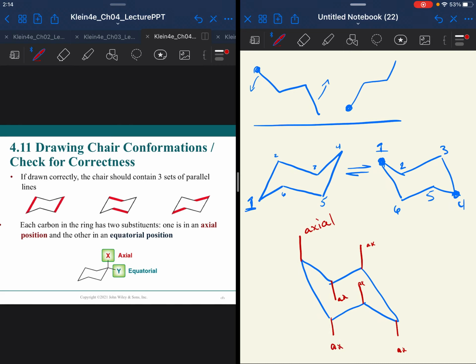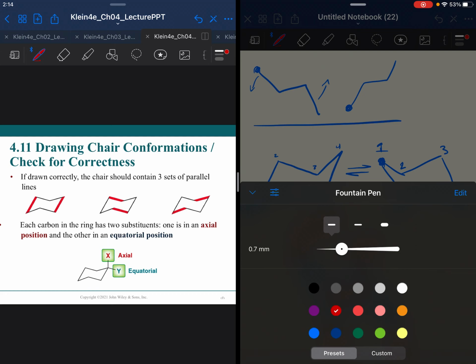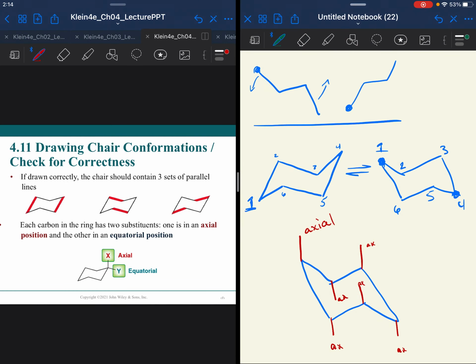So what is the other one doing? What is the fourth bond doing? Let's use green. If axial is up, equatorial will be down on that atom. So it is not going to go straight down, but it is going to go below sort of that equator line, right? That horizontal line that you could draw. It's going to go angled down away, right? And that's equatorial.